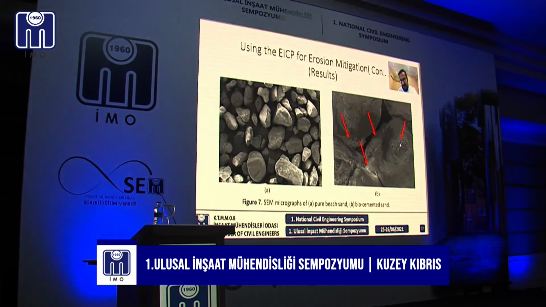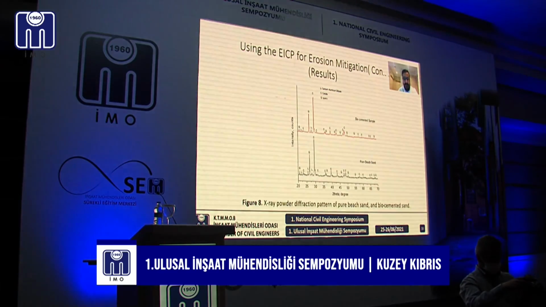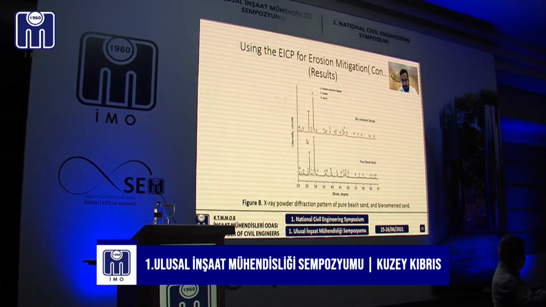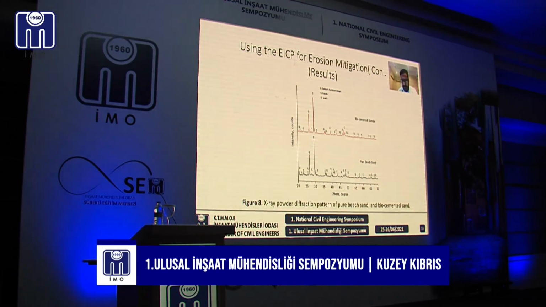This will increase the roughness of the samples and increase the interlocking between sand particles, and as a result will improve the geotechnical and hydraulic behavior of the sand. So this is pure sand and biocemented sand.